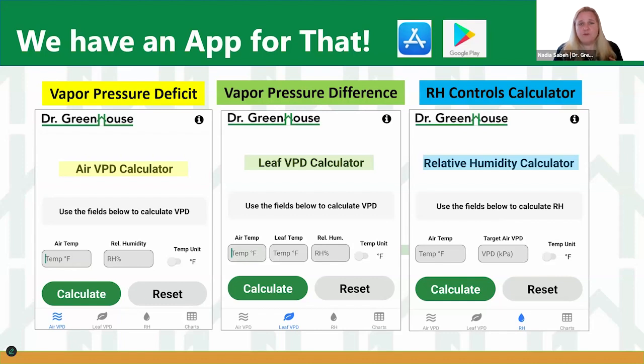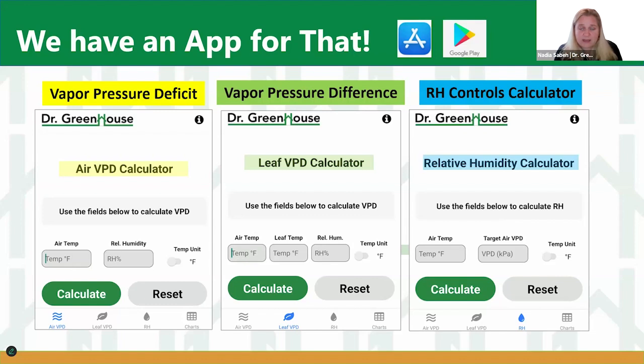Now, if you are walking around with an infrared thermometer and can take leaf temperature measurements, then maybe you want to measure the vapor pressure difference, okay, that VPD. And so now what you would do is input the air temperature, the leaf temperature, as well as the air relative humidity, because we need to know that still to figure out what is the vapor pressure at the air temperature.